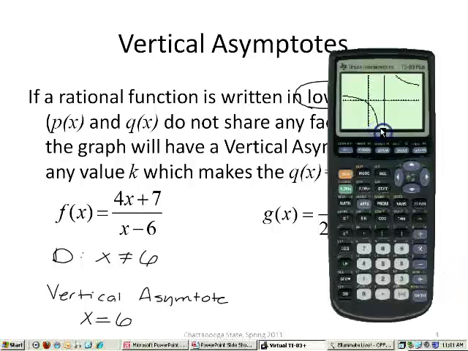What you see is this graph has a big jump here. We have a part of the graph that's going down to infinity, and then we have another part of the graph that's up here. This line, which looks like a vertical line, is actually the vertical asymptote.